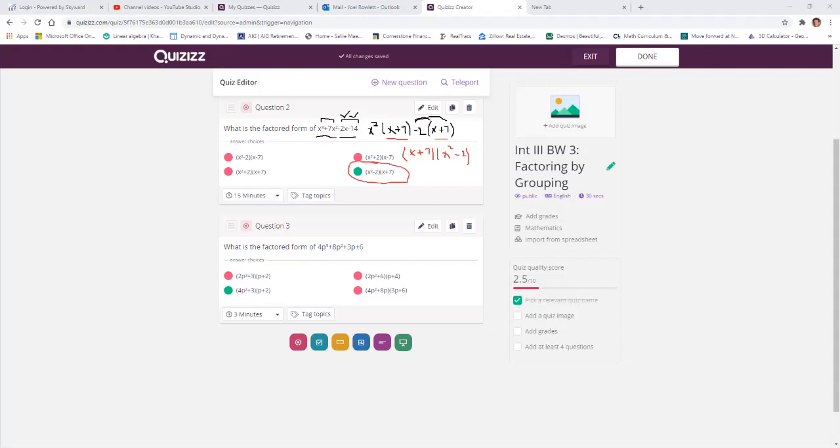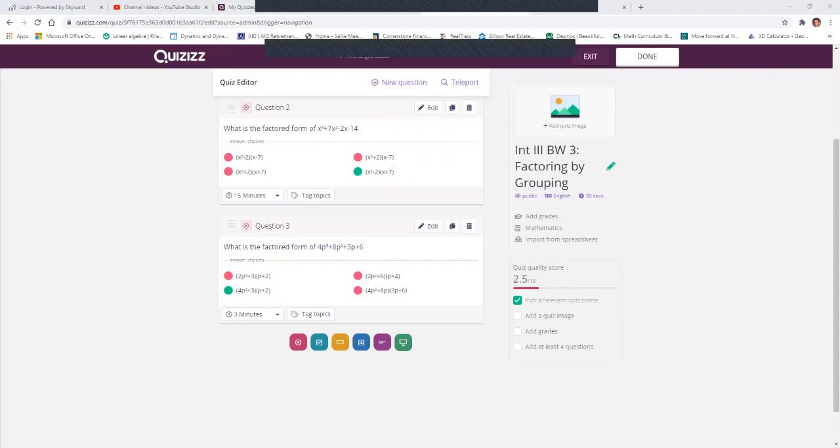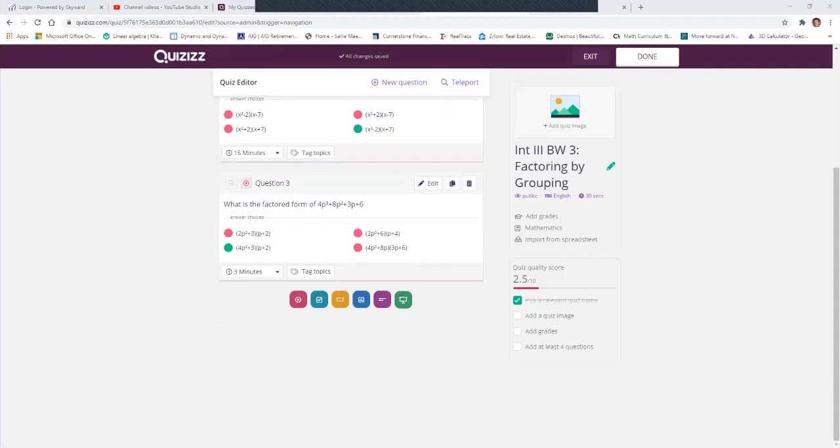And finally, let's take a look at problem number 3. On problem number 3, we will go back and we will look at the first 2 terms again. And we will look at the second 2 terms. If I look at the first 2 terms, I can take a 4 out and a p squared. For some reason, I have a really hard time with my 2's here.